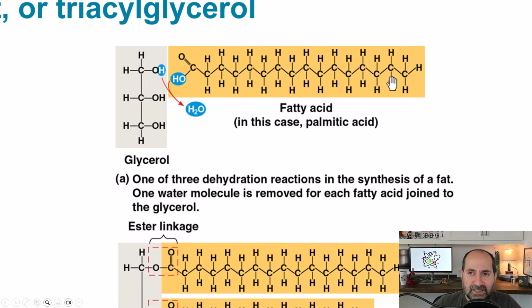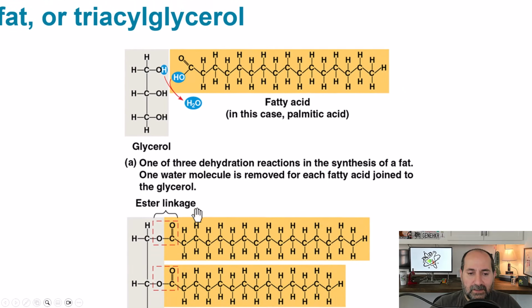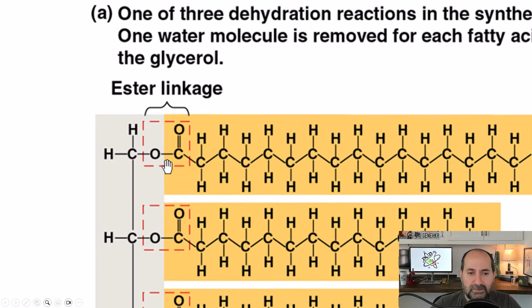And the way you connect a fatty acid to a glycerol head is by dehydration reaction. You see, the hydroxyl group from the carboxyl group on the fatty acid is joined to the hydroxyl group on glycerol. 1 hydrogen from glycerol and a hydroxyl group from the fatty acid leave as water, and this results in a bond forming between that carboxyl group and the glycerol head.